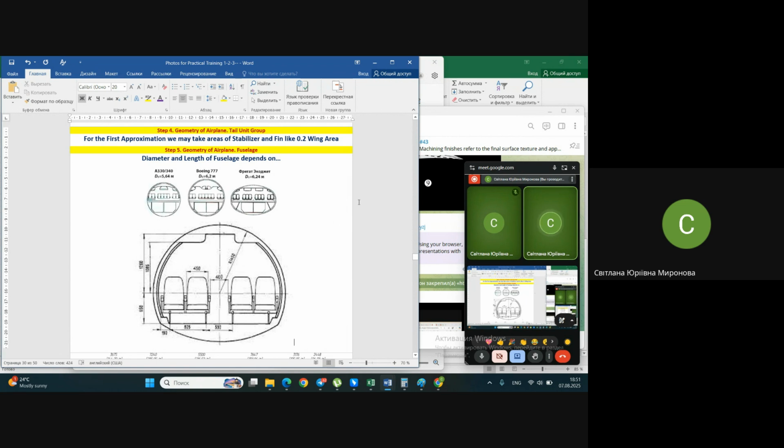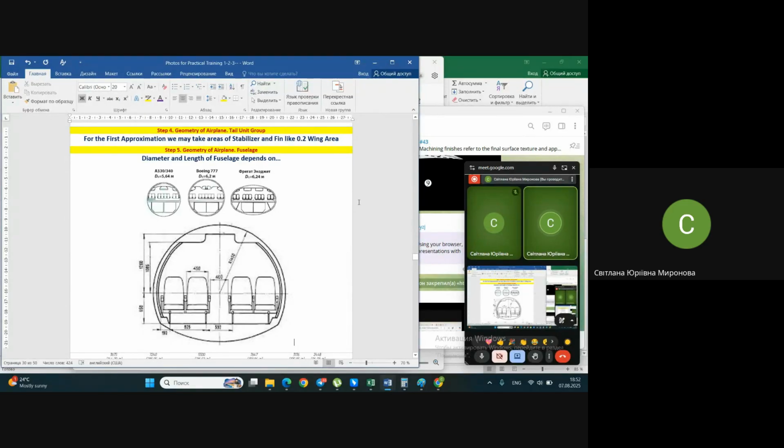After we know the wing area and analyze statistical data for dimensionless coefficients like wing aspect ratio, wing narrowing, relative wing narrowing, and other parameters that may be useful for you, for the stabilizer, for the fin, and so on, knowing these dimensionless parameters for your class of airplane, the airplanes that you consider as statistical data, and having the wing area, we may determine first the span of the wing and next the chord of the wing.